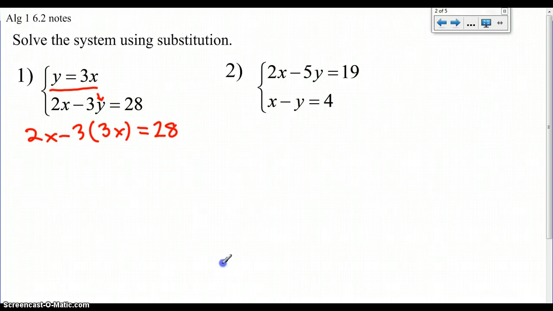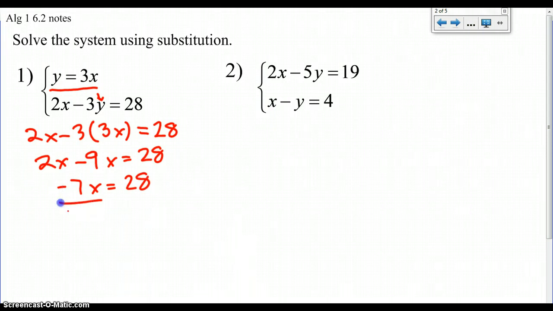So everything stays the same other than changing y to a 3x. So here we go, 2x minus 9x is equal to 28. Combine like terms and divide, and we know x equals negative 4.